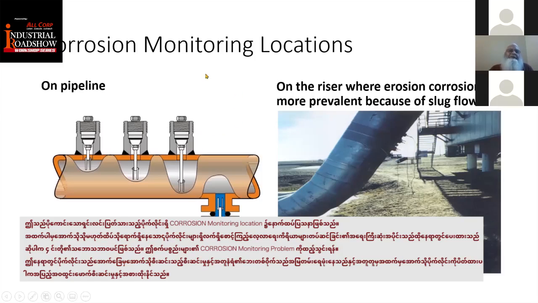This is another issue of the corrosion monitoring location on the pipelines, which gives a better and clearer picture. The most critical part of the installation of the corrosion monitoring devices is on pipelines coming from top to bottom or bottom to top. They are slanting in nature. So where to install the corrosion monitoring probes?